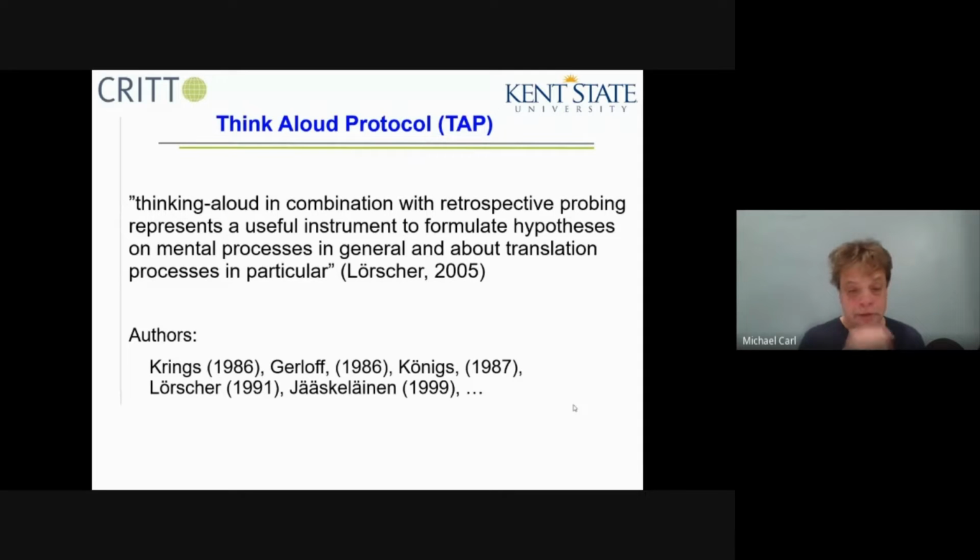And so the translations and the texts were available in digital form. But while producing, so the think aloud idea is that while they were producing the translations, they would comment, they would think aloud what they were doing, right?